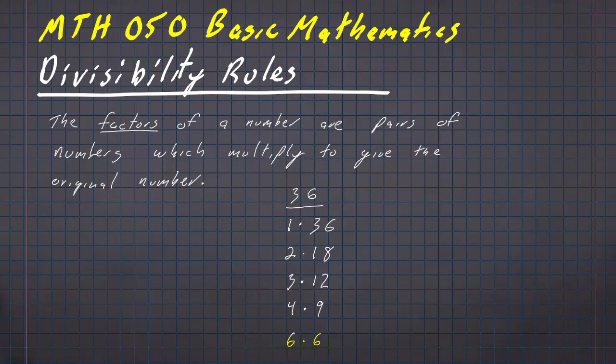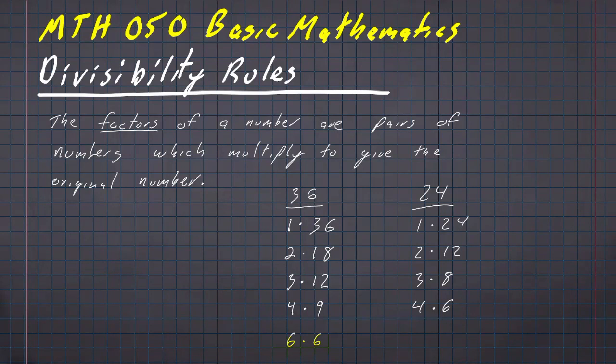For example, if I take a look at the number, say, oops, wrong pen. Take a look at the number 24. 1 times 24, 2 times 12, 3 times 8, 4 times 6.